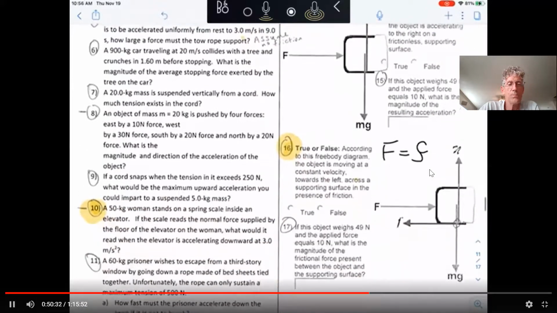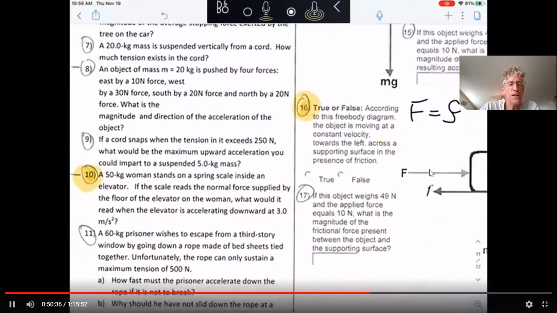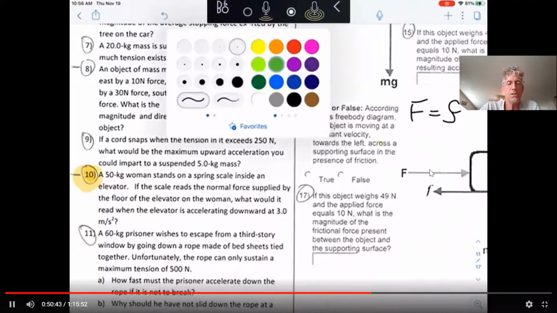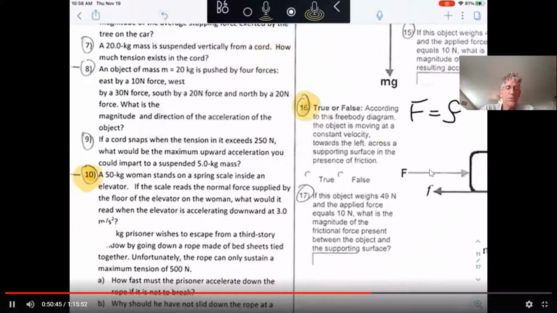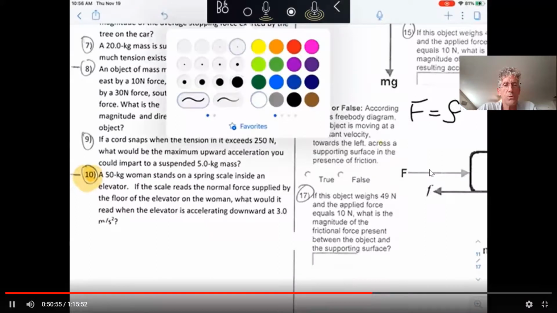Okay, next one. This lady's standing on a spring scale inside an elevator. The scale reads the normal force. I'm erasing this so you get some more space to see my writing. What would it read when the elevator is accelerating downward at 3 meters per second squared?